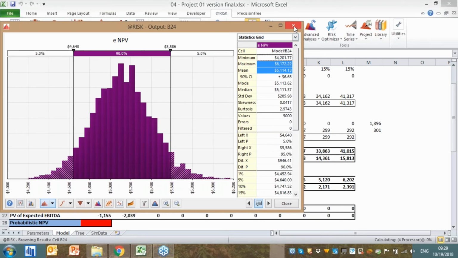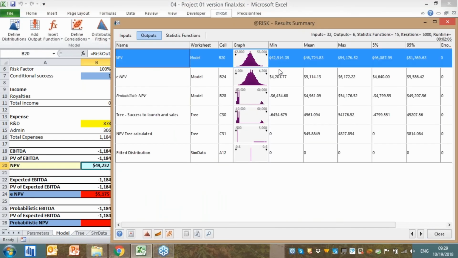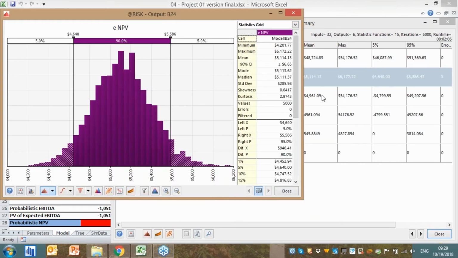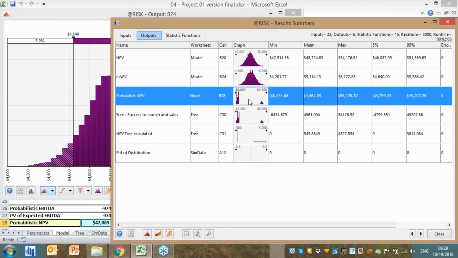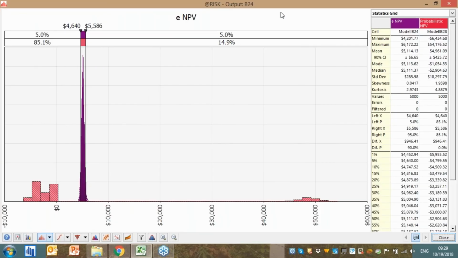In other words, I can always compare those two. I could come over here to summary, and, for example, take expected NPV over here, drag it out from here, and then for comparison purposes, go back to summary and compare your probabilistic NPV on top of those ones. And this is what you can show.